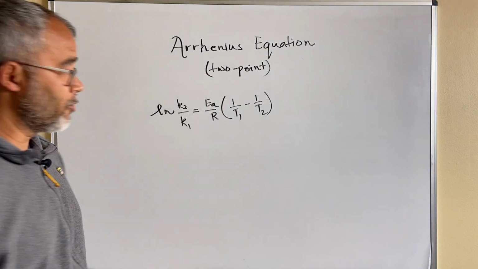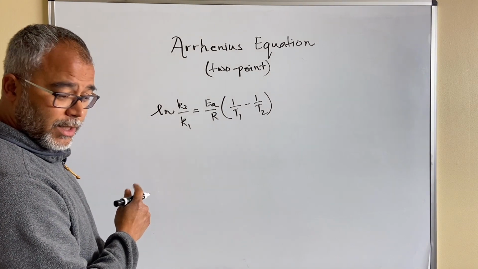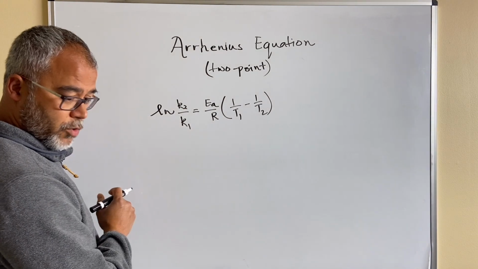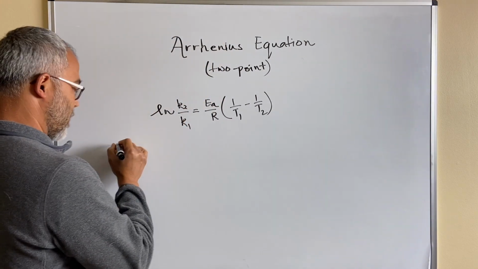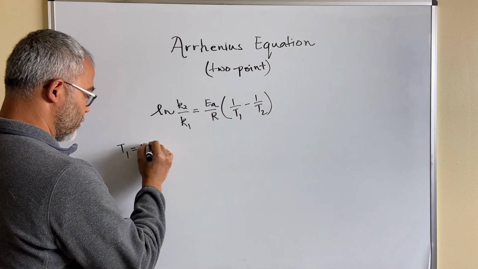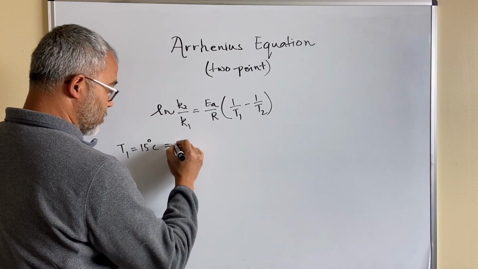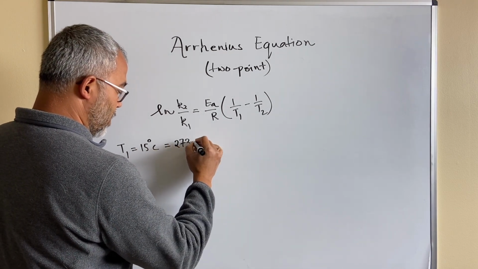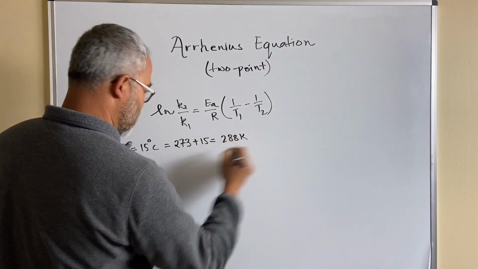So let's say you have a certain reaction, and the rate constant doubles when the temperature increases from 15 to 25 degrees Celsius. Okay, so we'll say T1 is equal to 15 degrees Celsius. Remember, we got to change that to Kelvin. So that's going to be 273 plus 15, which is 288 Kelvin.